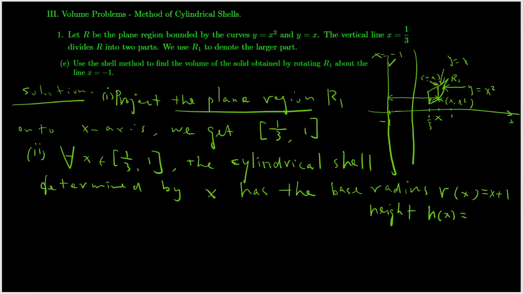Yeah, the same as before. It's kind of a pattern. When you rotate around a different vertical line, you just figure out the base radius. So we got the height.